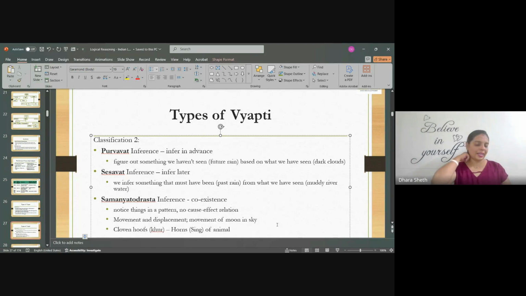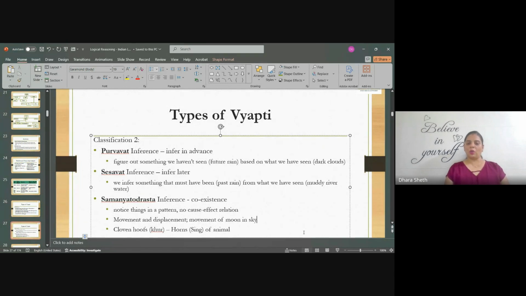Another example is cloven hoofs and horns. Cloven hoofs are hoofs which are cut in between, divided in between. They are in the legs. In Hindi we call it khur. जिसके खुर होते हैं उसके सींग होते हैं.